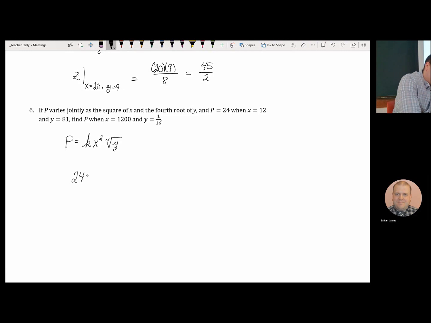And now we're told that P is 24 when x is 12 and y is 81. Twelve squared, 144. What is the fourth root of 81? 3. Hint, hint, assume they're going to be integers at this point.